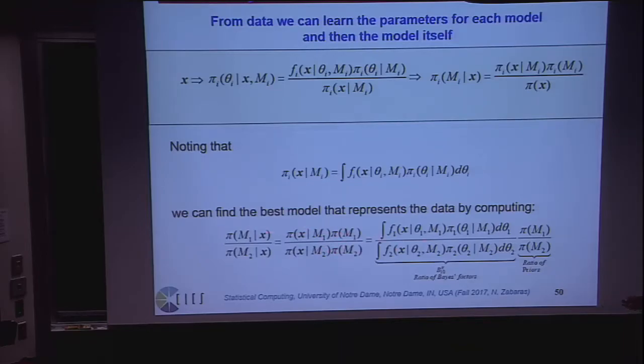And I'm writing these marginal likelihoods explicitly because this ratio with the two integrals is what is called the Bayes factor that involves models 1 and 2.